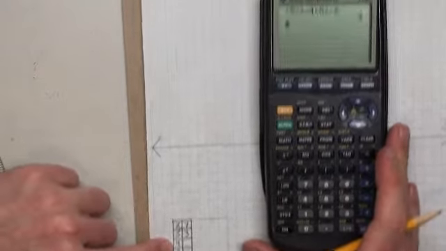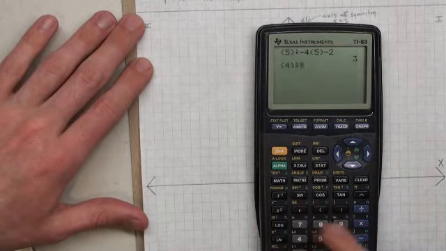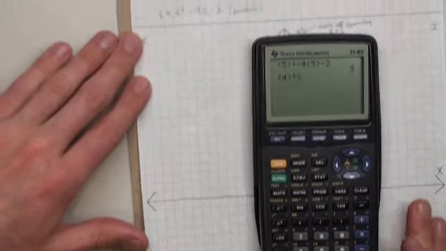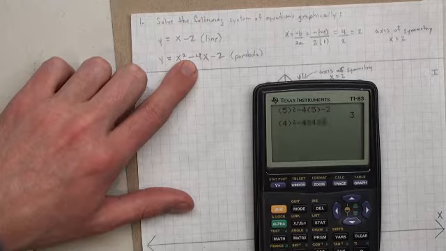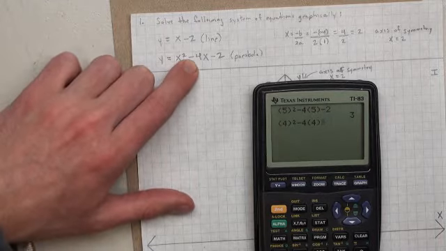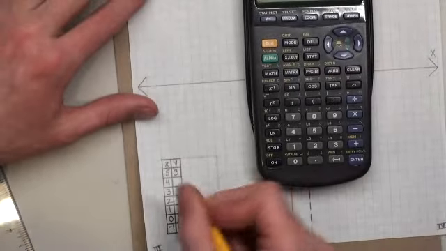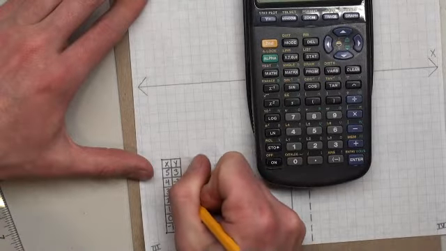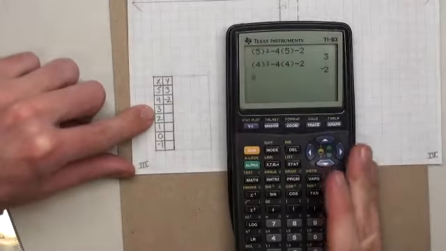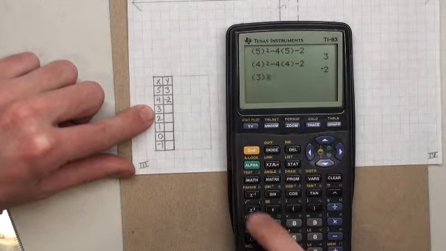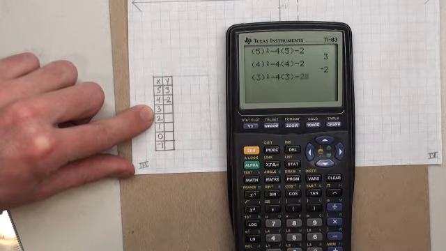Now we take 4 and we do the same thing. 4 squared, right? Minus 4 times 4. So minus 4 and then 4 in parentheses and then minus 2. And we get negative 2. Then I do the same thing here for my 3. 3 squared minus 4 times 3 minus 2.